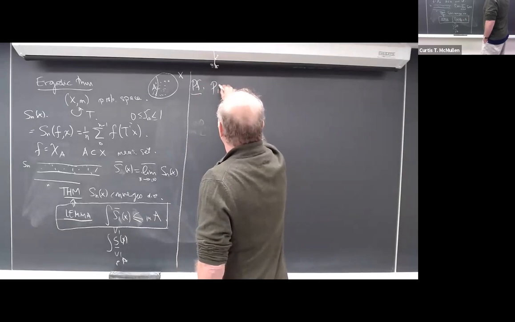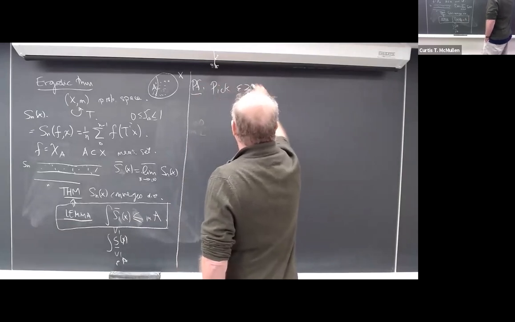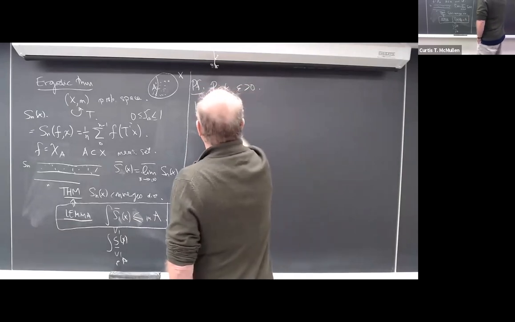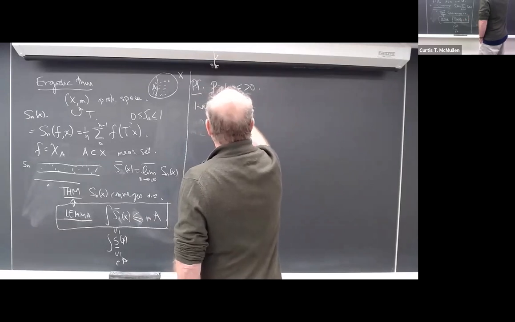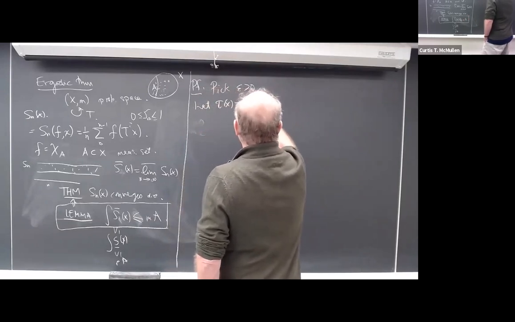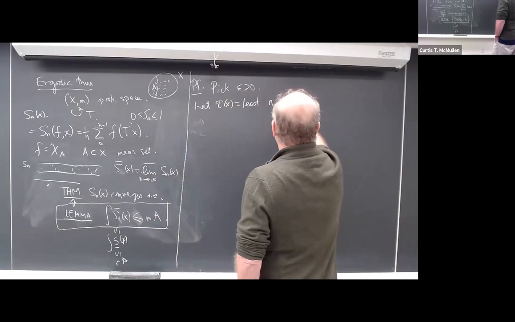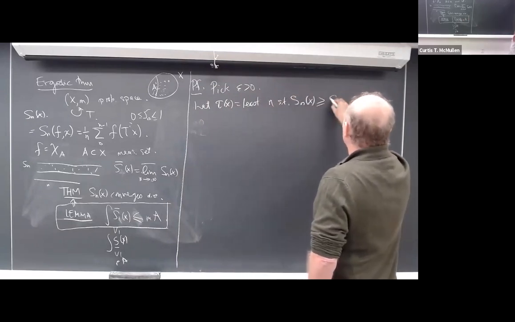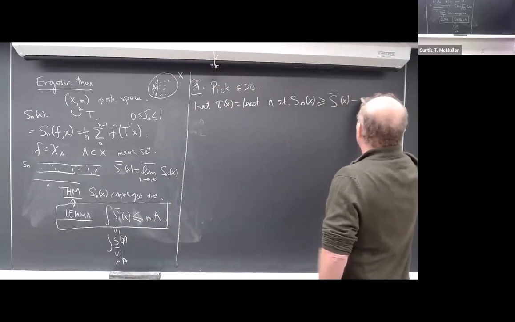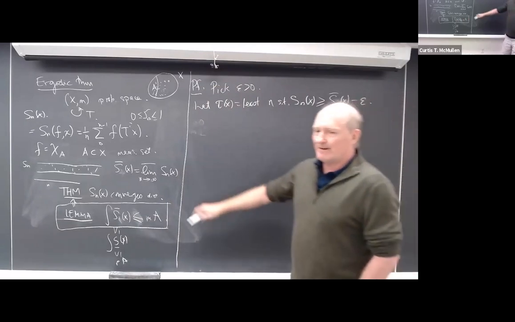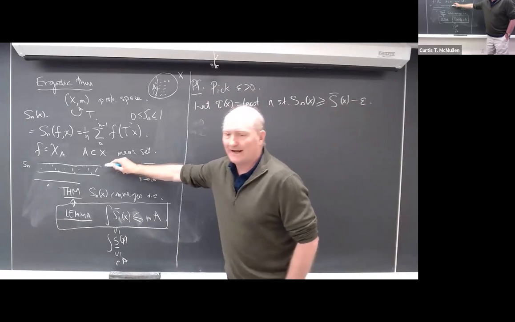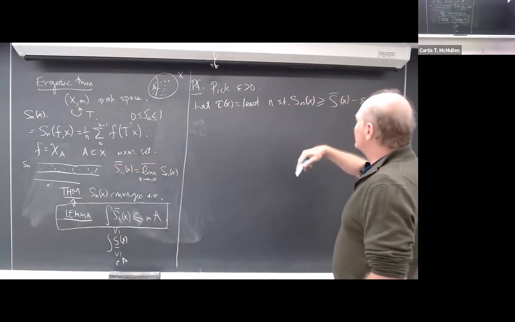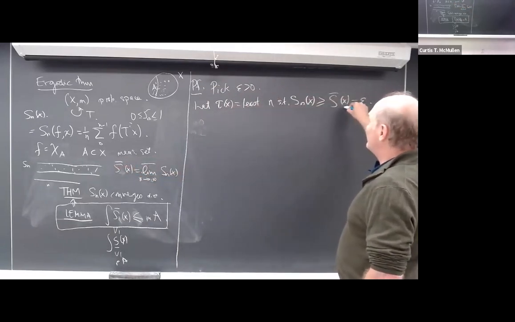So we pick an epsilon greater than 0, and we let tau of x be the least n such that S_n of x is greater than or equal to its limsup minus epsilon. So remember, the sequence is oscillating up and down. It has to come close to its limsup infinitely often.